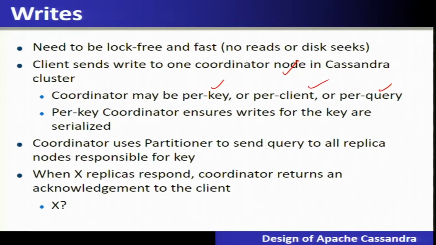Per key coordinator ensures the writes for the keys are serialized, and the coordinator uses the partitioner to send the query to all the replica nodes responsible for that particular key. When X replicas respond, the coordinator returns an acknowledgement to the client.